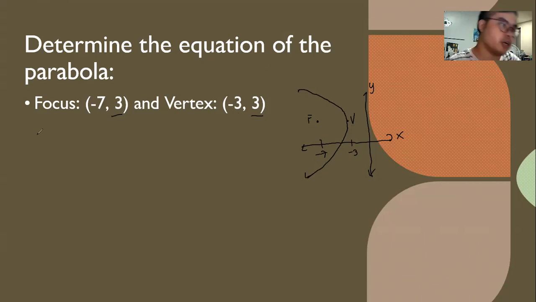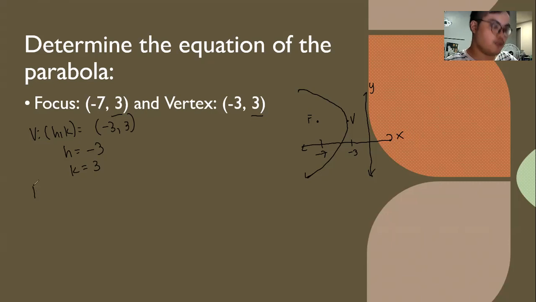It opens sideways. Okay, so our vertex is h and k. Then we're going to equate it with negative 3 and 3. So what we are going to do is to state the h and k. So our h is negative 3, then our k is equal to 3.